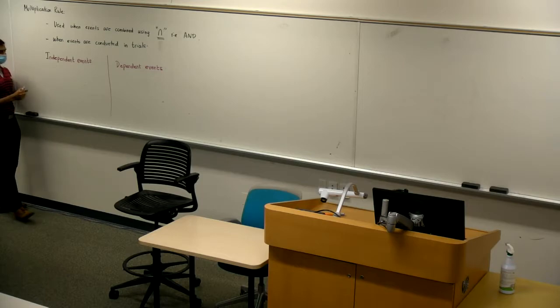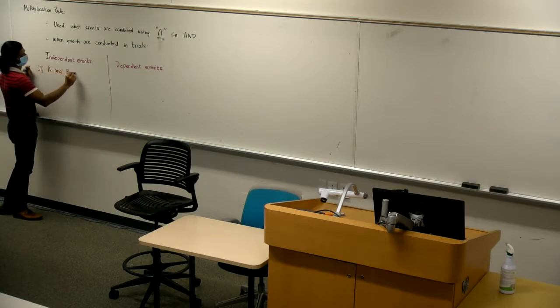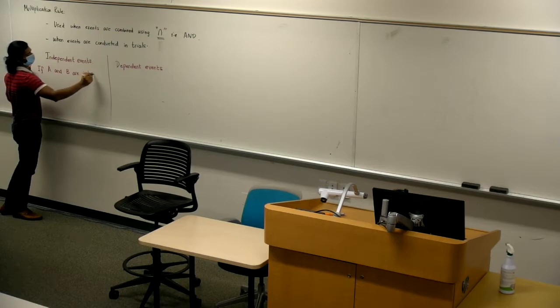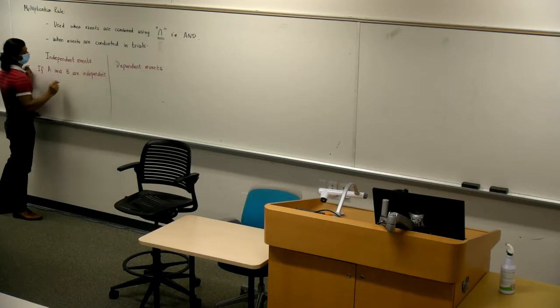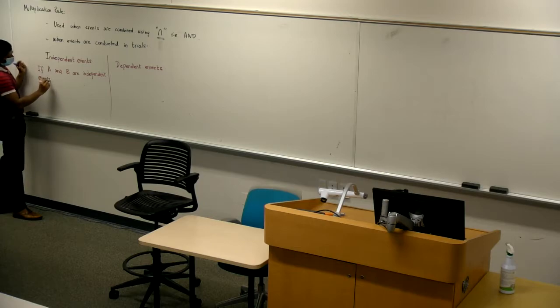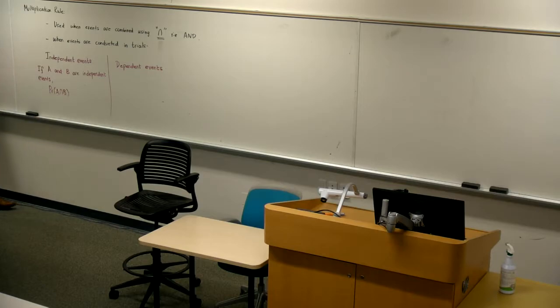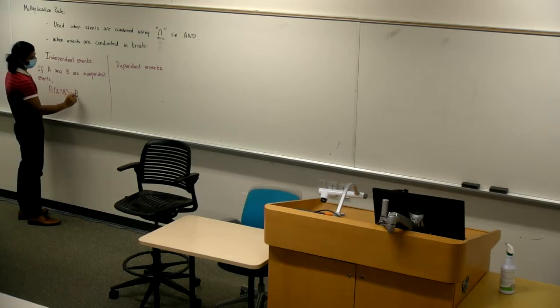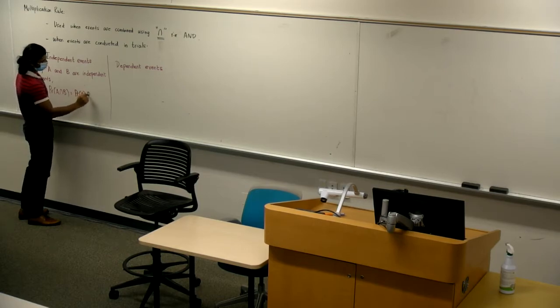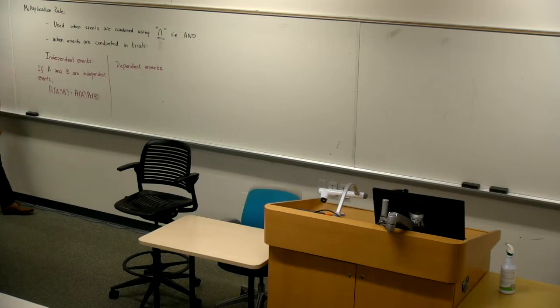So if we have two events, the probability of A and B is simply equal to the probability of A multiplied by the probability of B. Hence the name multiplication rule.